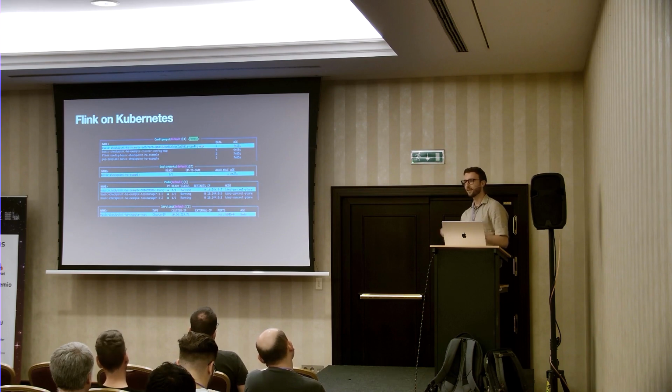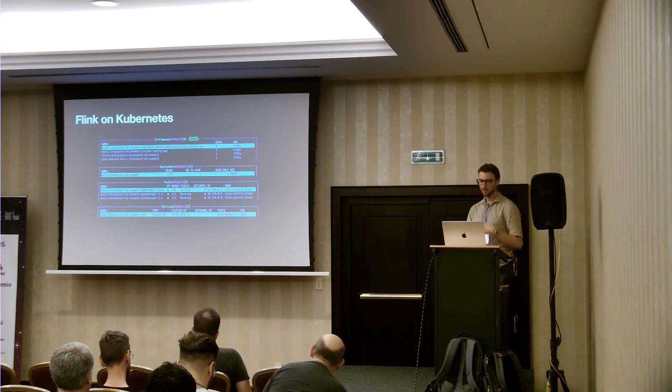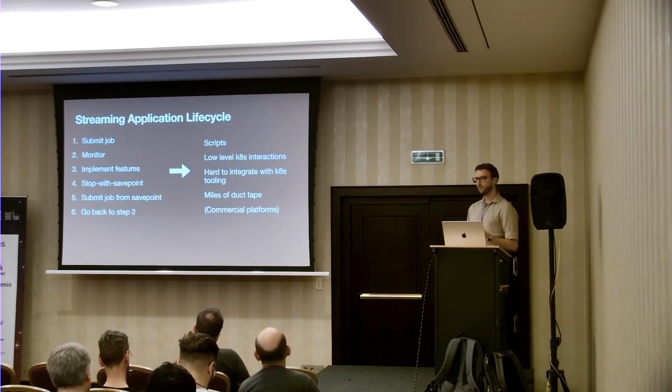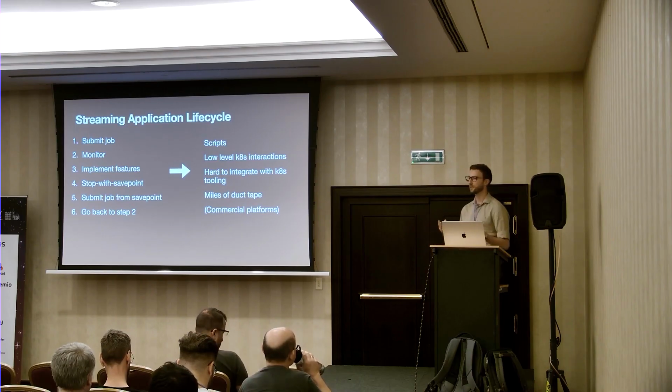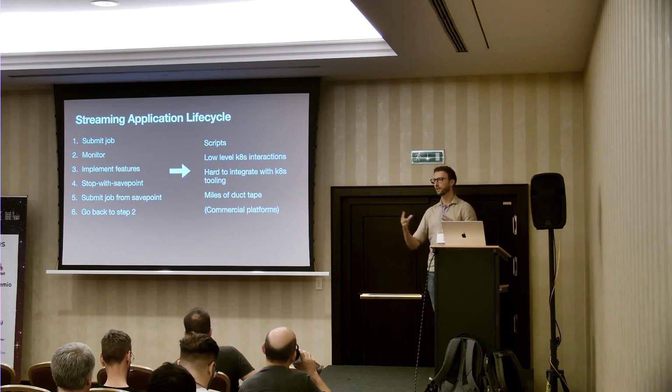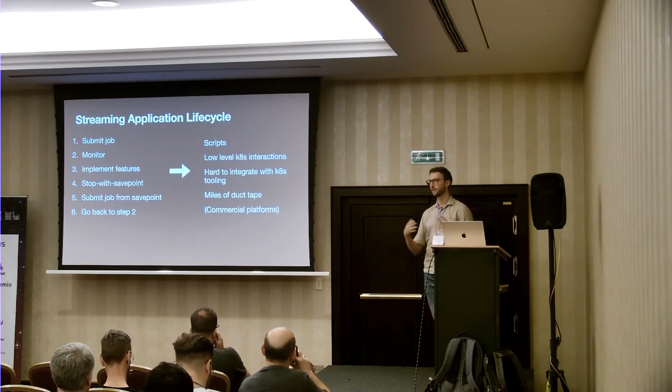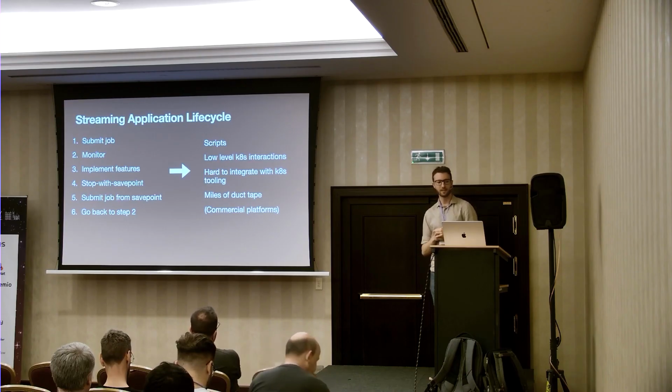It's not really where you want to get to. Because for streaming applications, a single job that is running somewhere is not the concept that you are working with. It's a streaming application that is running over time, over a period of weeks, months, or years in a lot of production cases.